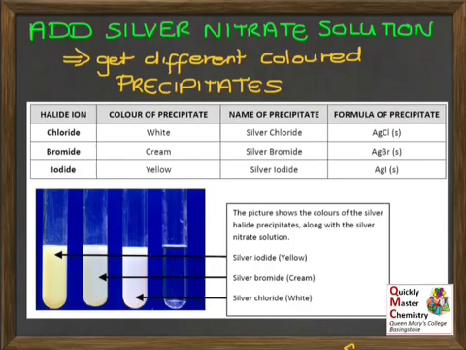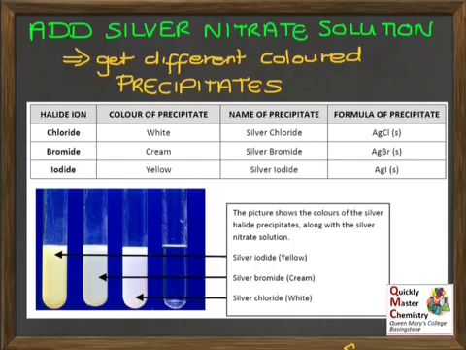Going through the other halide ions, we get the same sort of thing going on, but a slightly different colour. So the bromide is described as cream, a sort of off-white colour, and the precipitate here is due to silver bromide, the formula AgBr this time, also solid, it's a precipitate. And finally the iodide, yellow, due to the silver iodide precipitate, AgI, solid.